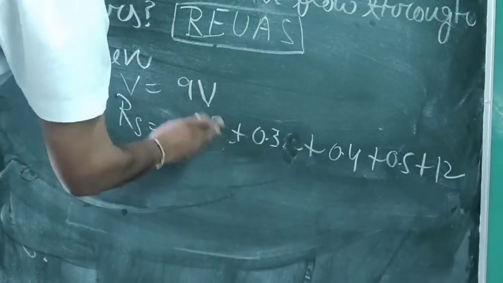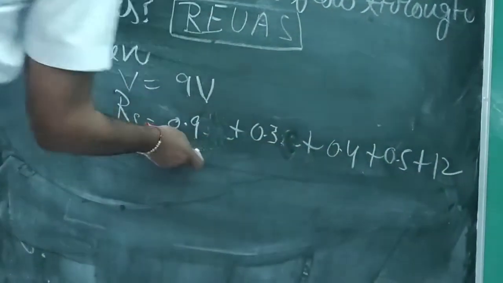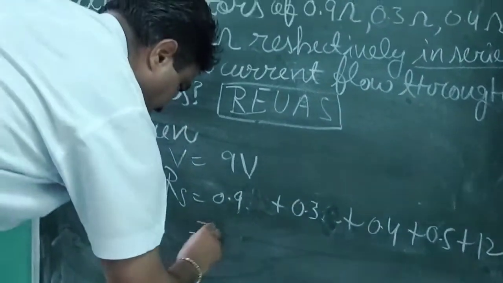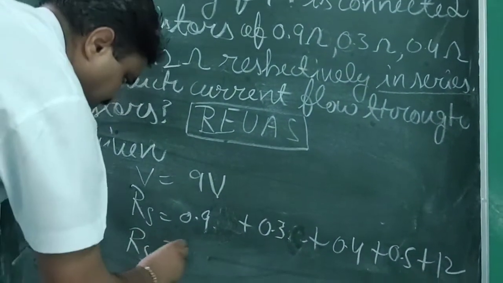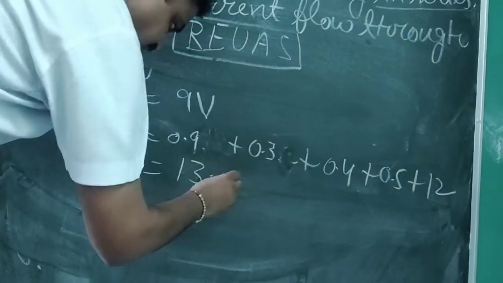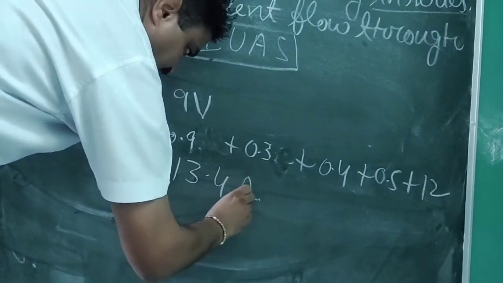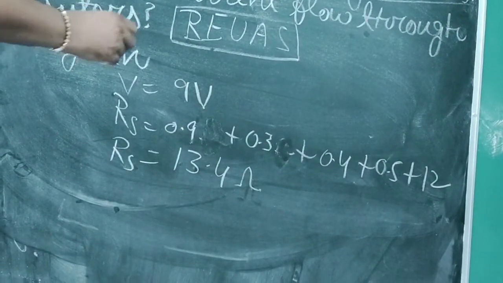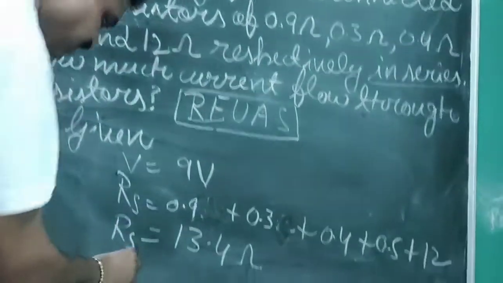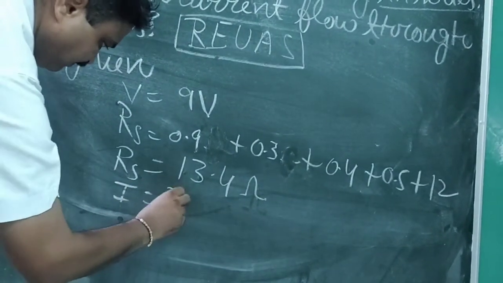So these are the resistors that are given and their resistance. Now you add them, and the answer that you will get is 13.4 ohm. Now in this, what is asked? The current is asked. So here you write that the current is asked.